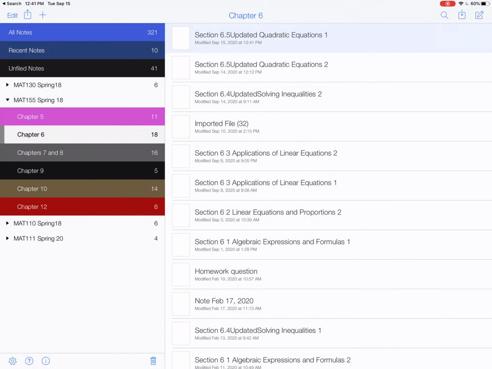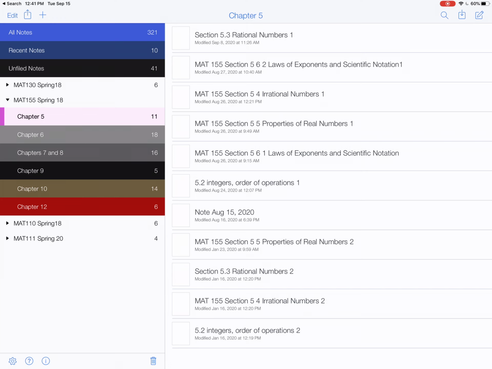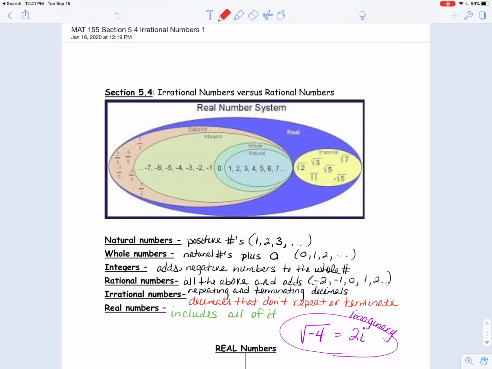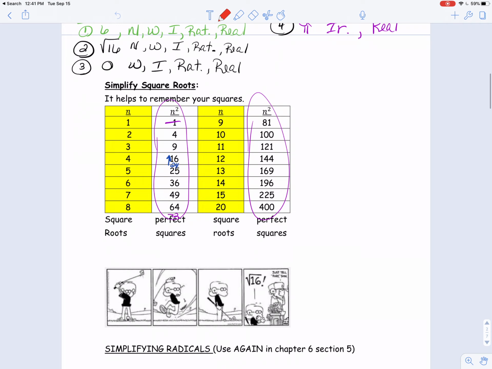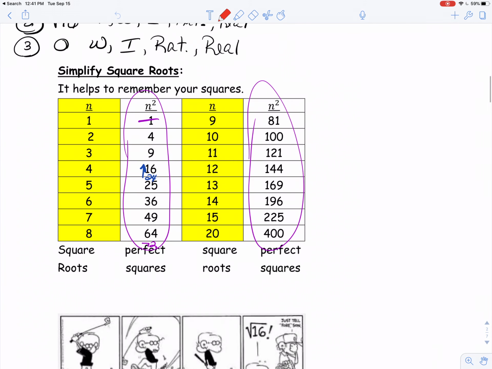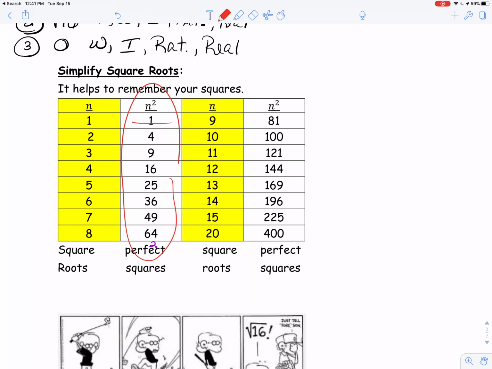Okay, so let's see if I can go back there for you. 5-4, here is my chart of perfect square factors. Let me take all that off. Remember, we said don't worry about 1 because it doesn't help anything. But looking in the white, those are our perfect square factors. Now, 75 would fall right in here.